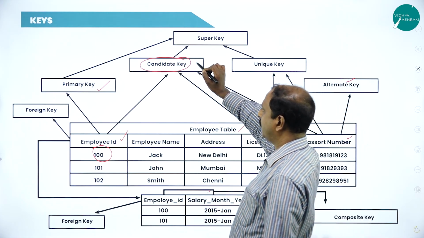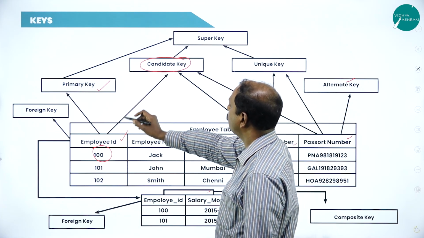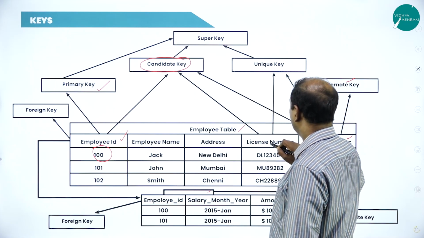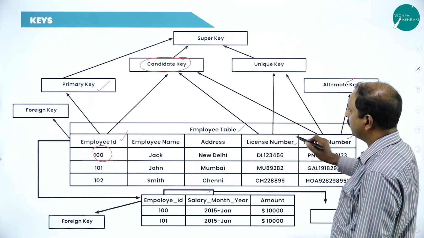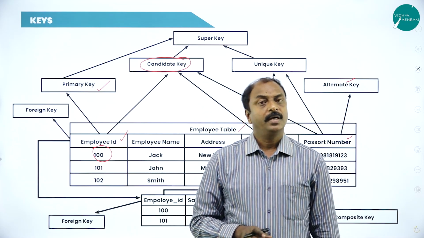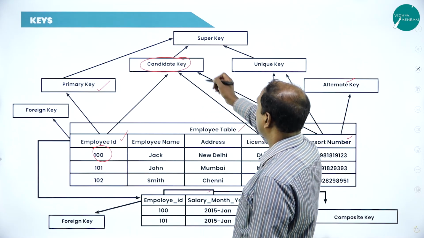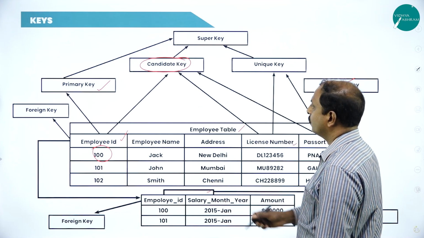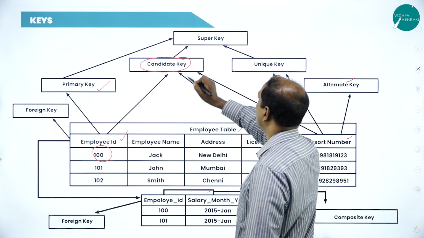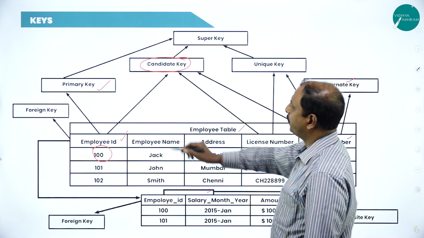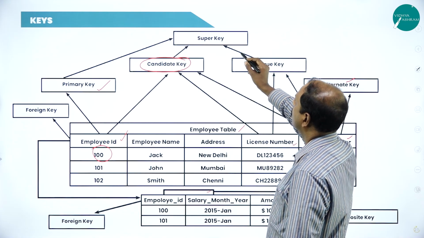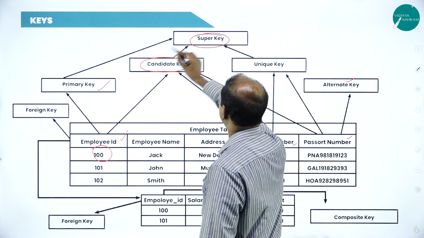So what is a candidate key? It is a group of attributes, employee ID, license number, and passport number, that are unique among different records in a database. It is called a candidate key. So primary key, alternate key, unique key, and candidate key. And this primary key, candidate key, and unique key together are called the super key.